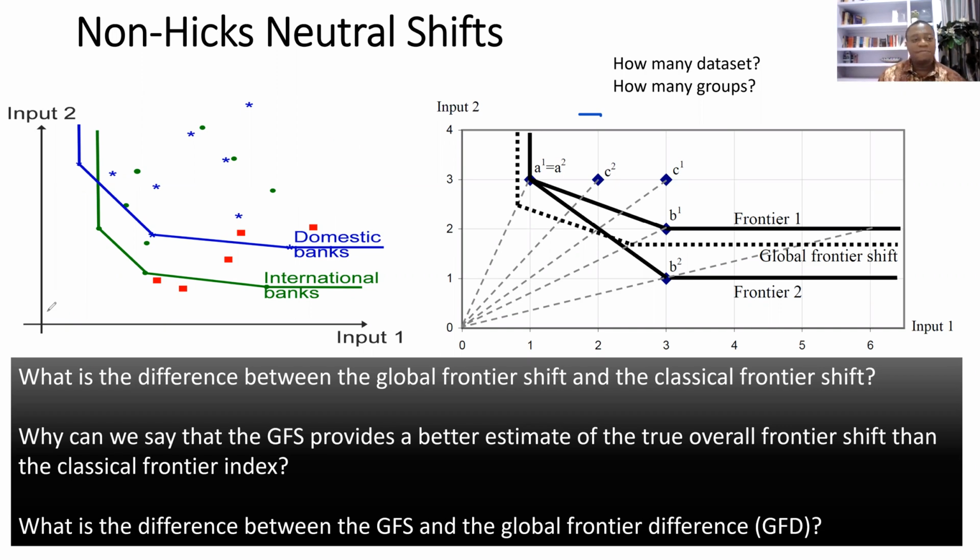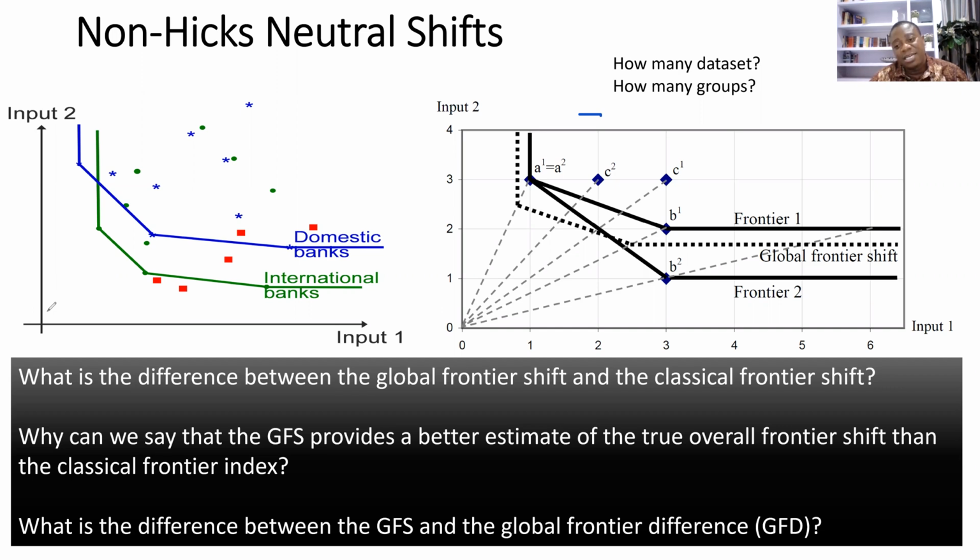Okay, so I have some questions for you. The first question, and I need all of you to come with your answers or your understanding: what is the difference between the global frontier shift that we are looking at and the classical frontier shift, the normal classical Malmquist? There is a technological change version of that, and then there's an efficiency change.